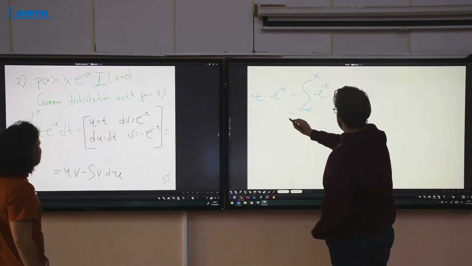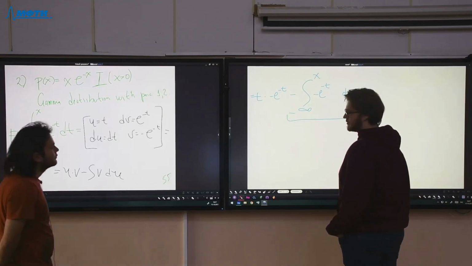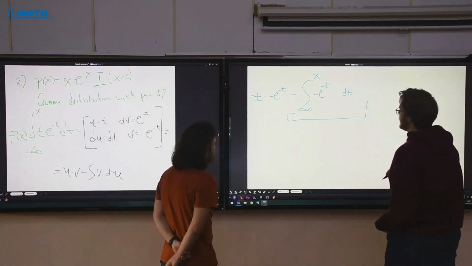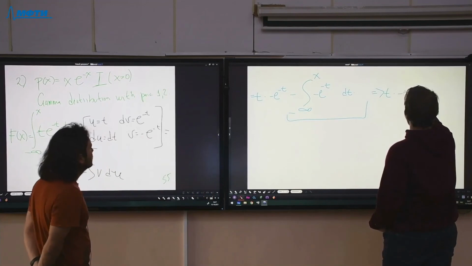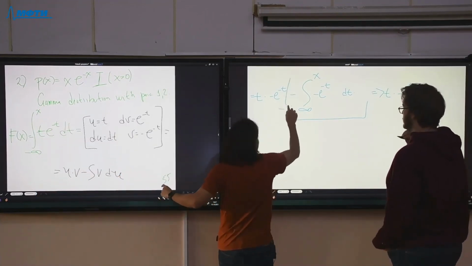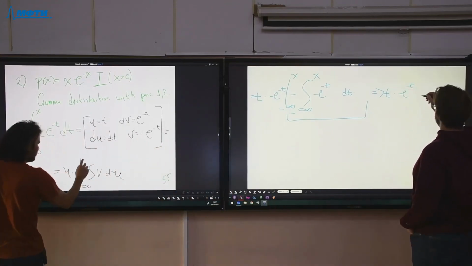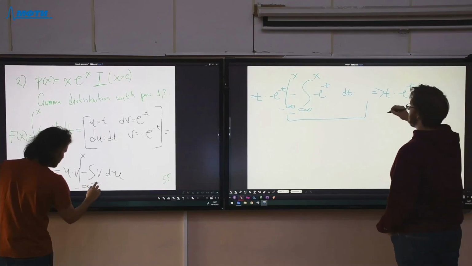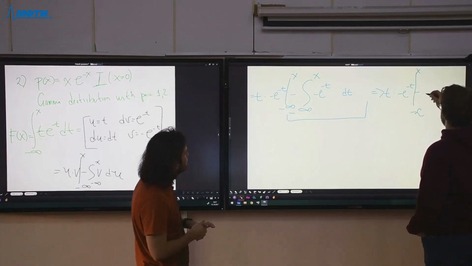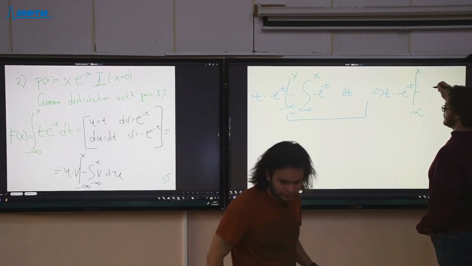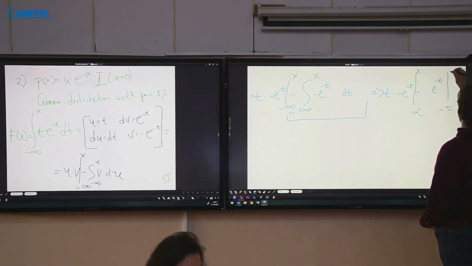Now we want to integrate this part, and the integral of this is e to the power of minus t. So we have t multiplied by minus e to the minus t, from minus infinity to x, and also minus e to the minus t from minus infinity to x.